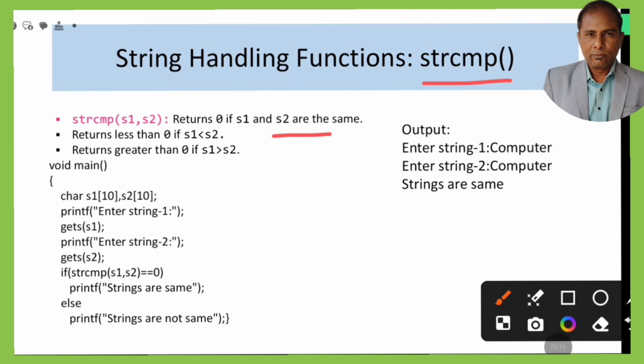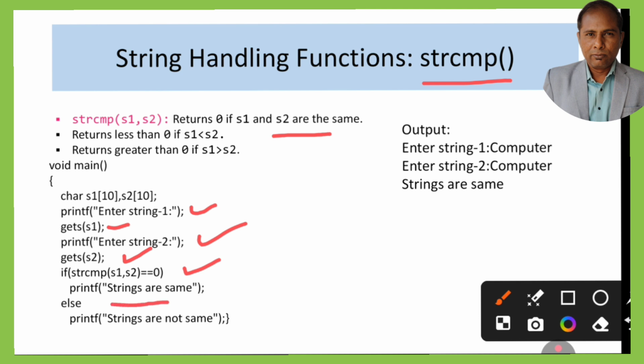Now, if we have two strings s1 and s2, we ask the user to enter s1, so I write gets s1, and then ask the user to enter s2, so I write gets s2. Then we write strcmp(s1, s2). It will give the answer 0 if both are the same, so I am checking whether it is 0 or not. If it is 0, we print that the strings are the same.